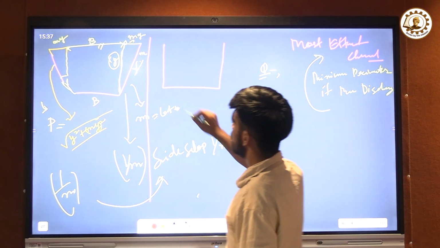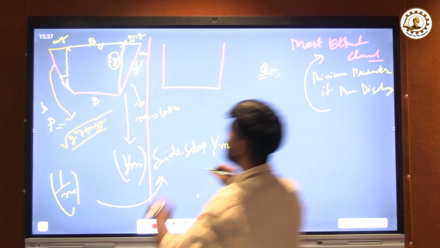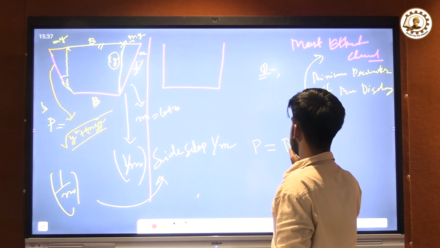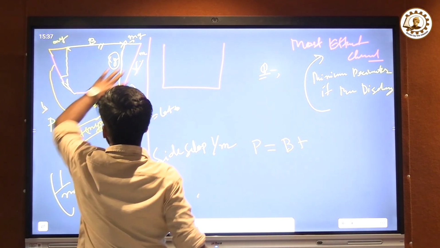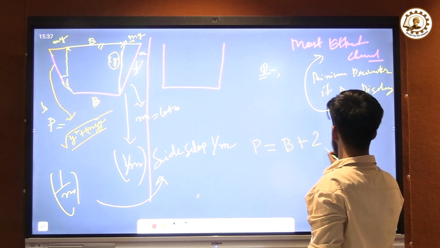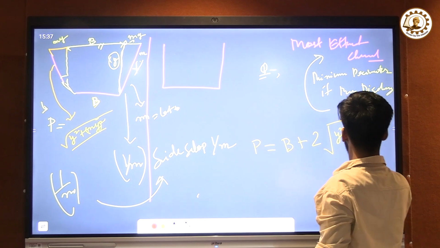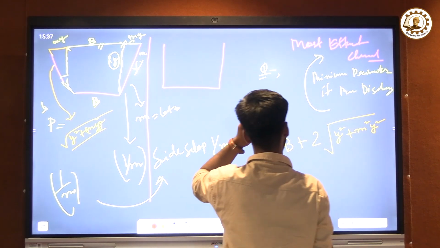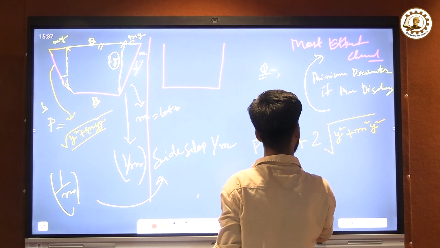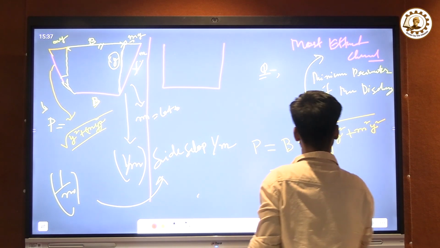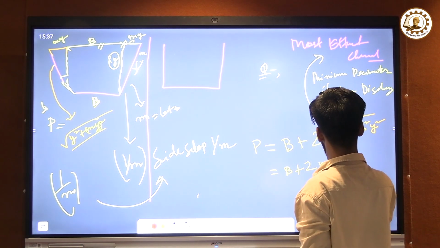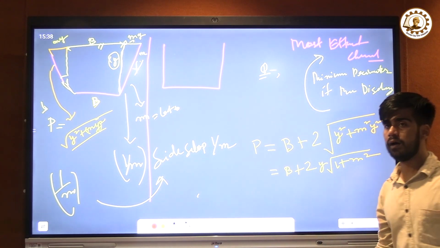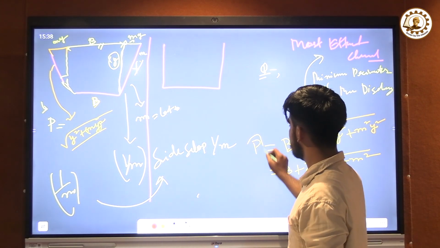Now the wetted perimeter will be what? You can see P will be b plus this length, and since the two slanted lengths are the same, we can write 2 into the square root of y square plus m square y square. That will be our perimeter of a trapezoidal channel.